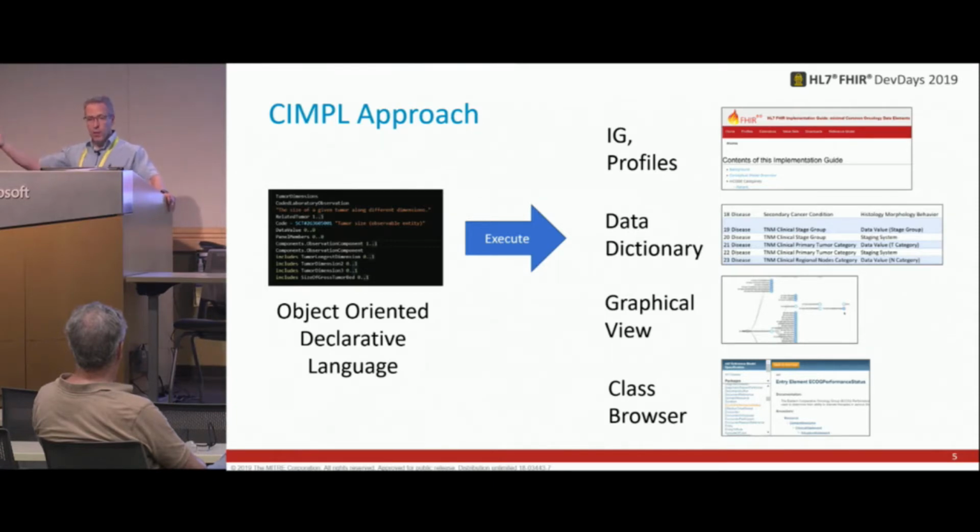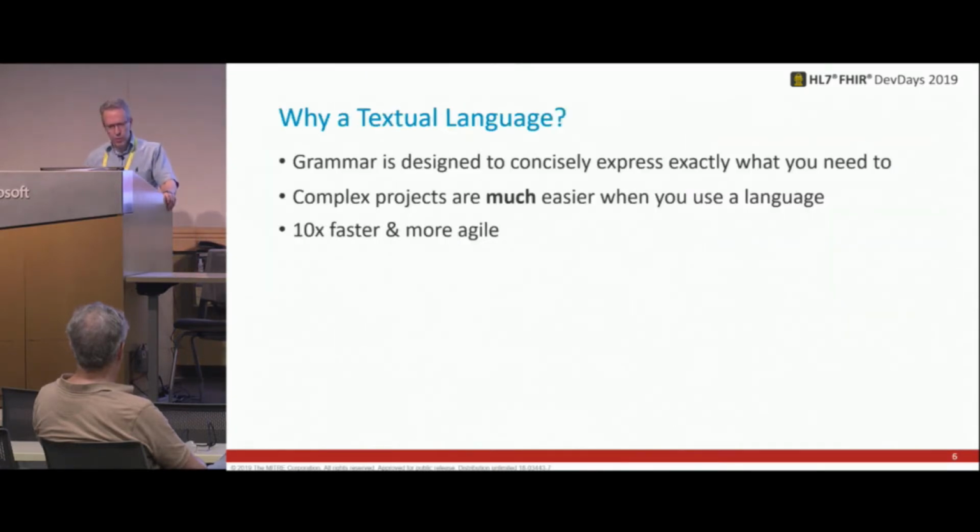The artifacts include an implementation guide, the profiles, the extensions and value sets, etc. Also data dictionaries, graphical views, and class browsers, and I'll explain momentarily about the class structure and why that's important. So the focus is really on modeling. You're using this language to describe what you want, not on the ins and outs of a structure definition. And that's a really different point of view.